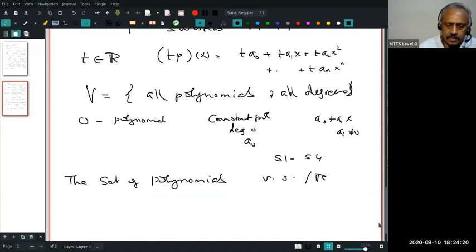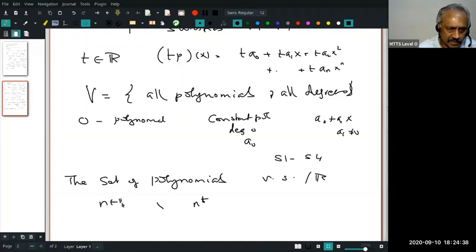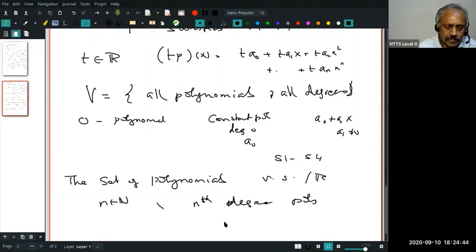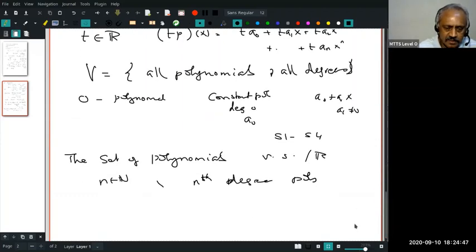Now, this means any degree is allowed. There is no restriction on the degree. But you can ask a question. Suppose I take only nth degree polynomials, where n is a natural number. Will it form a vector space? It will not. Why?